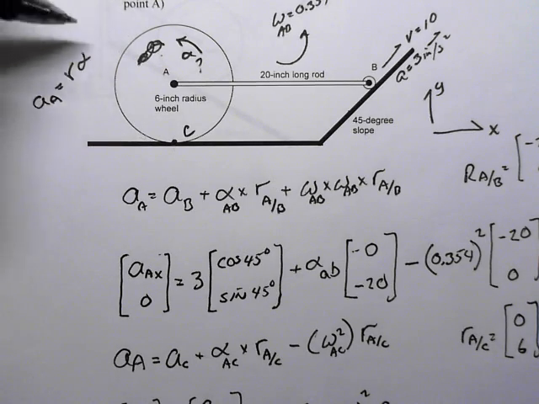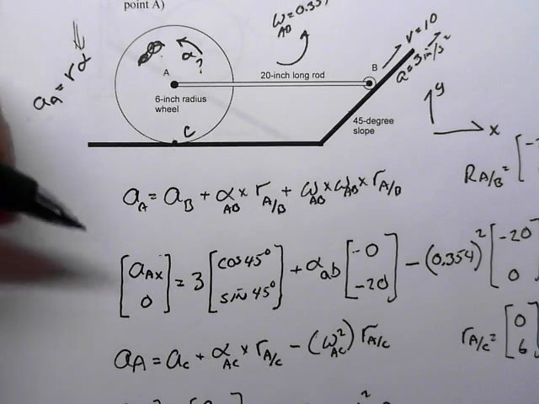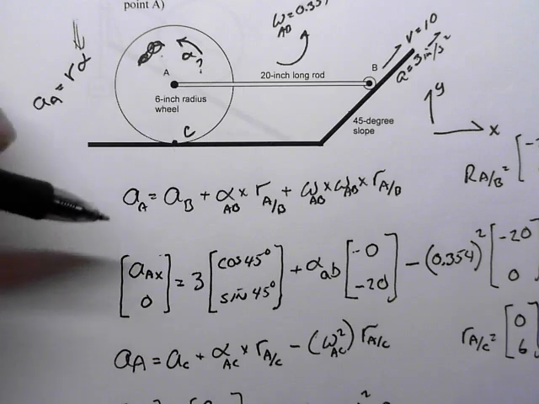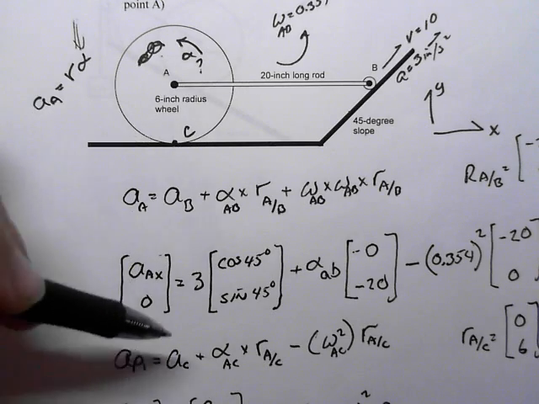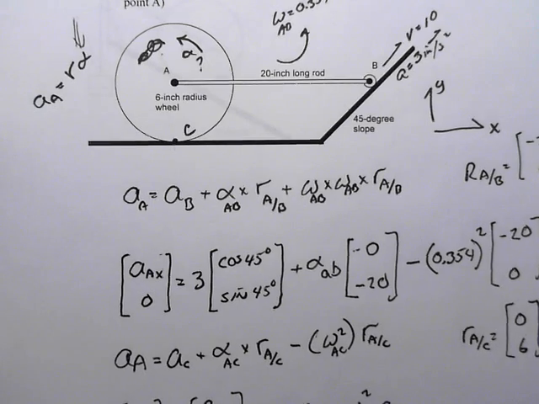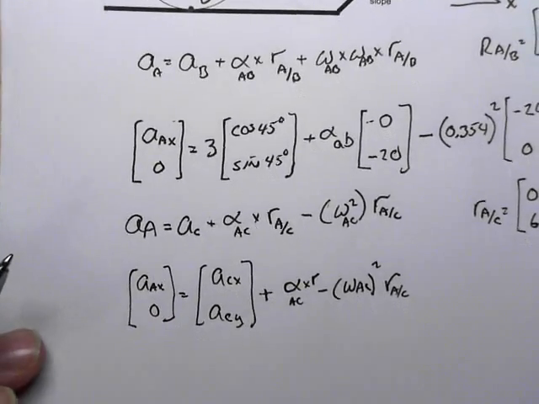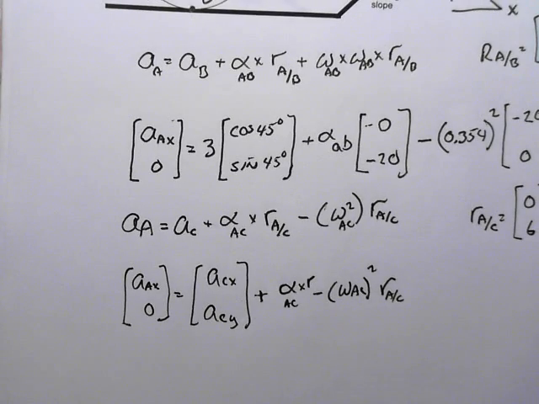So we can get the alpha as soon as we know the acceleration of A, which we're going to know right here, because we're going to solve it from this equation. But let's see if this falls out as being this simple, even though we don't know omega AC.